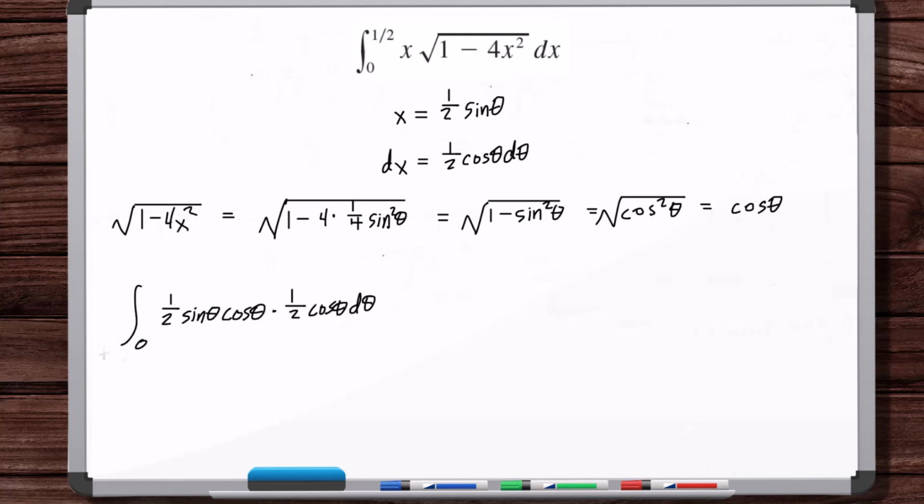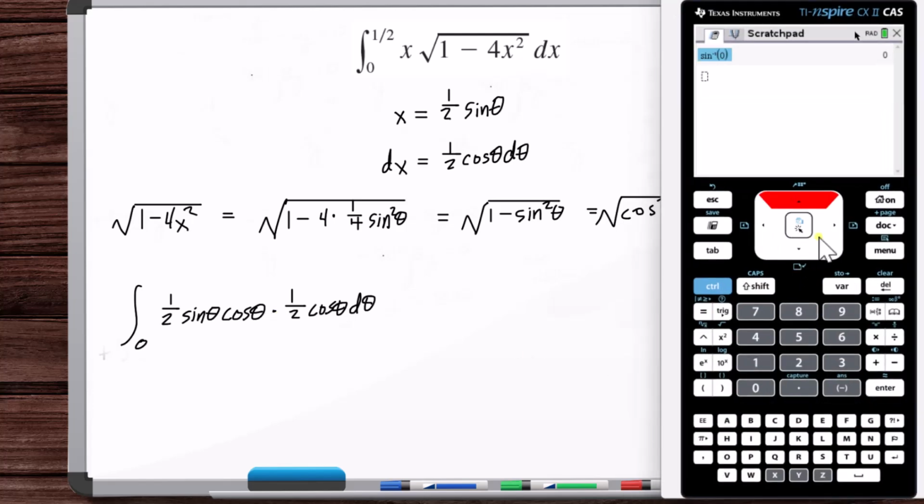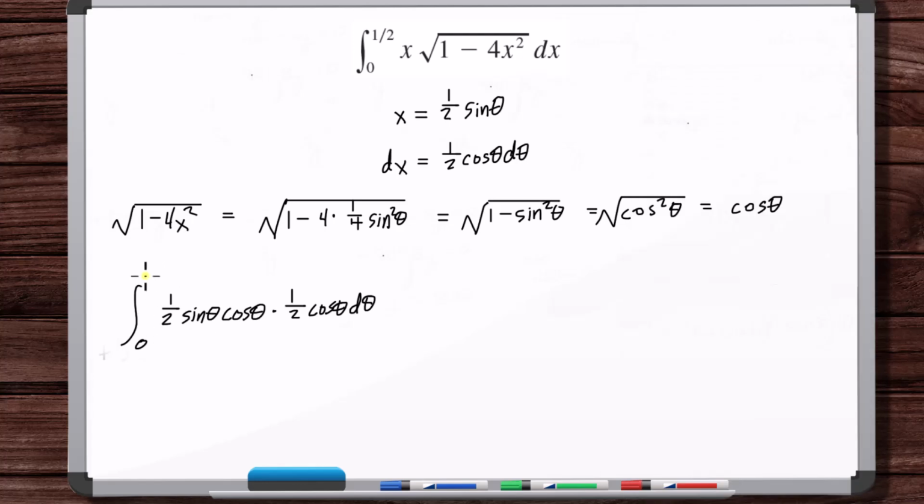And then when x is equal to 1/2, pi over 6. Okay, so we can bring out a 1/4, and then we'll have cosine squared theta sine theta d theta.